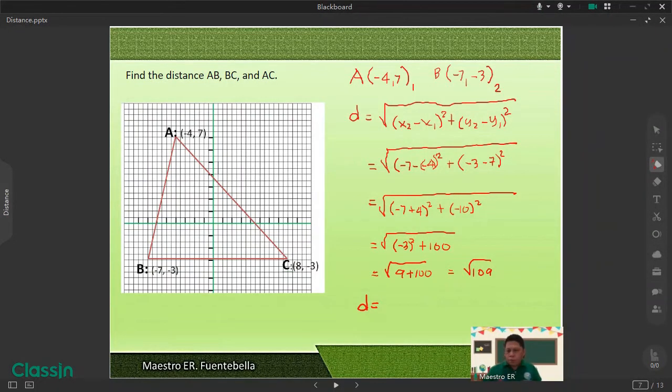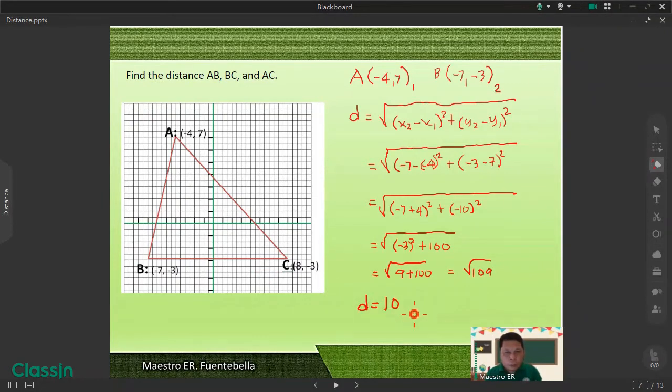And the square root of 109, using our calculator. And the square root now of 109 is equal to 10.4.